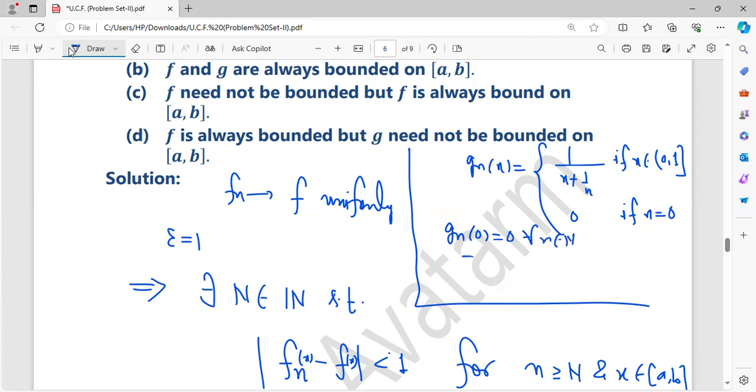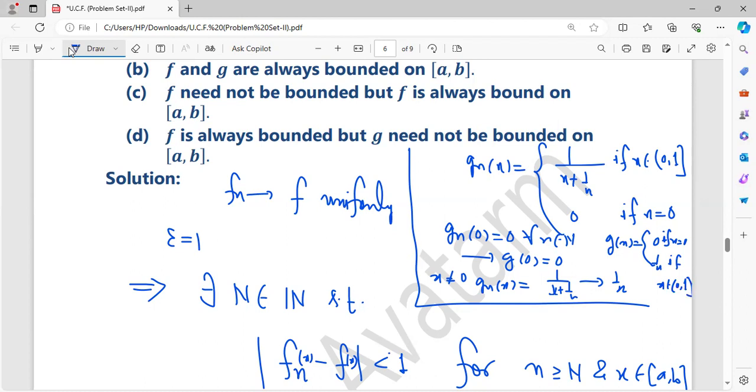So what is the limit? g0 will come to 0, and if x is not equal to 0, then gn x is equal to 1 upon x plus 1 by n. This will tend to 1 upon x. Okay. So what is gx? gx is 0 if x is 0, and 1 upon x if x belongs to (0, 1].